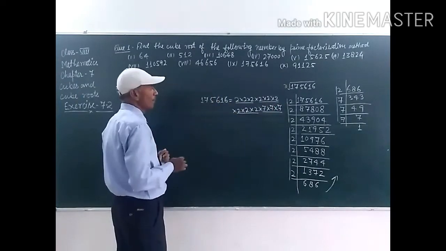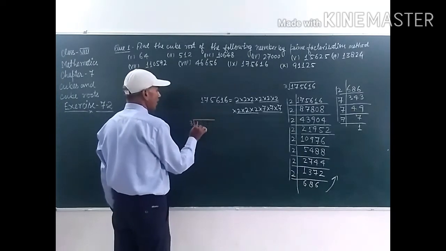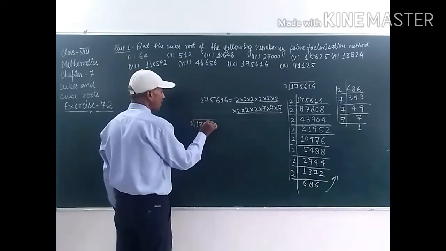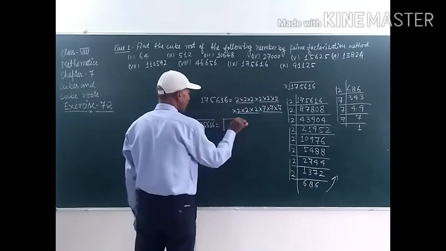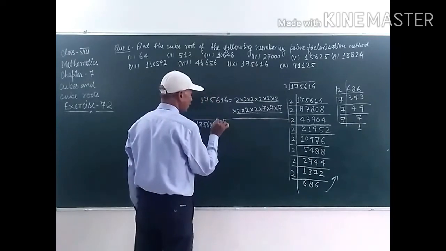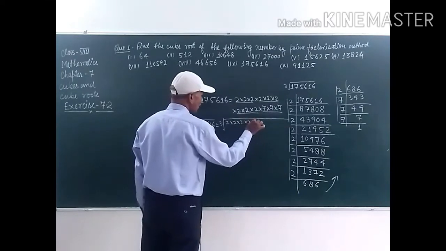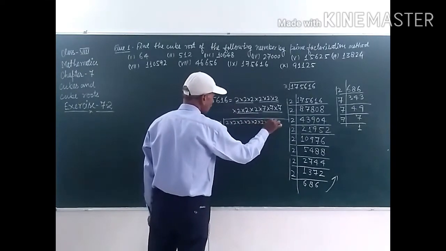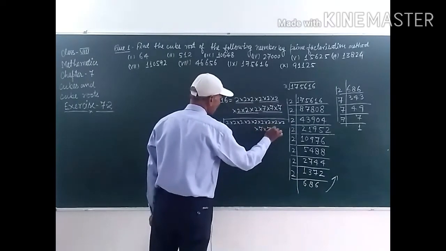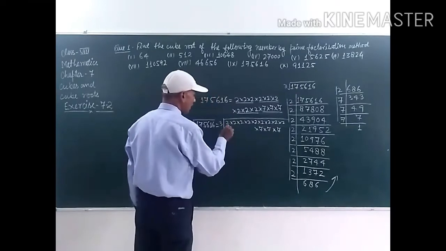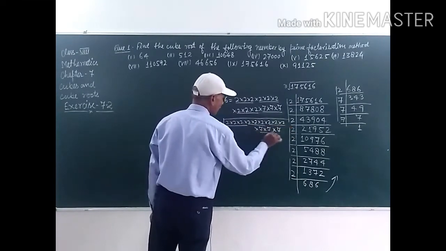In the next step, we have to find the cube root of 175616. That is cube root of 2 into 2 into 2 into 2 into 2 into 2 into 2 into 2 into 2 into 7 into 7 into 7. Now from each group we have to choose one number.